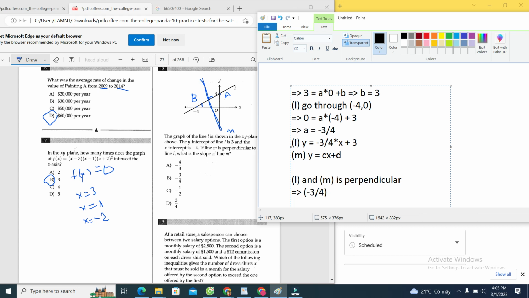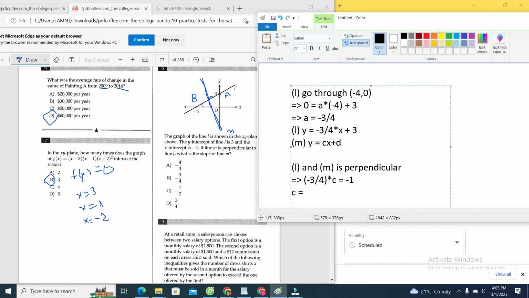So minus 3/4 times c is equal to minus 1, and we have c equal to 4/3.